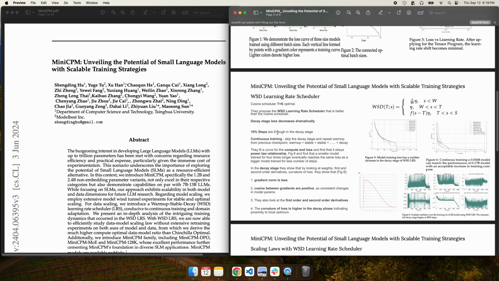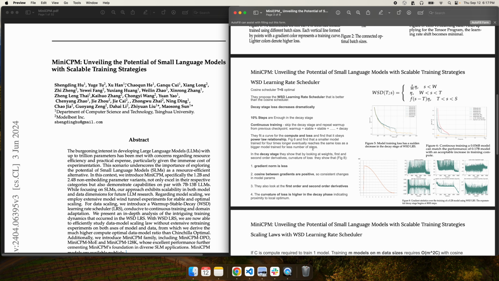And they find that 10% of steps are enough in the decay stage. With this kind of a scheduler, the advantage is you can have multiple stable stages. You can do continued pre-training, pick up a checkpoint from a stable stage, make sure that the learning rate is whatever it was at the stable stage, and then continue with it, and just have one decay stage at the end.